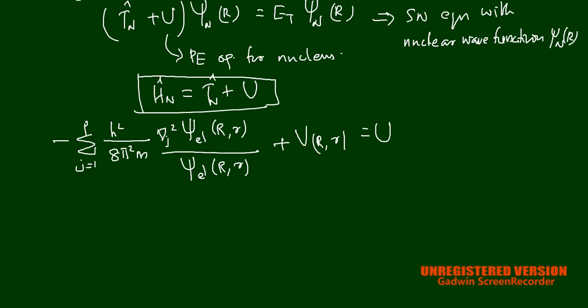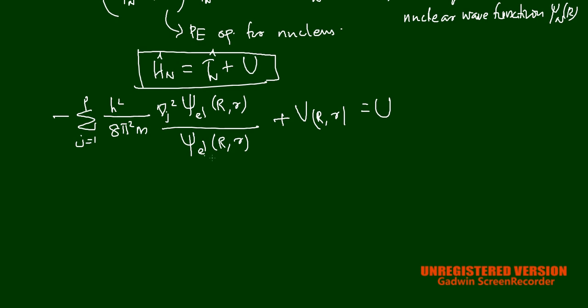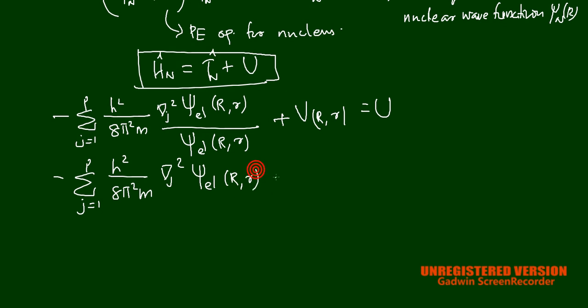So again I can multiply these entire terms in this equation with the psi electronic R R. Then I will get minus sigma j is equal to 1 to p, h square divided by 8 pi square m del j square psi electronic R R plus V R R psi electronic R R is equal to U into psi electronic R R, right?